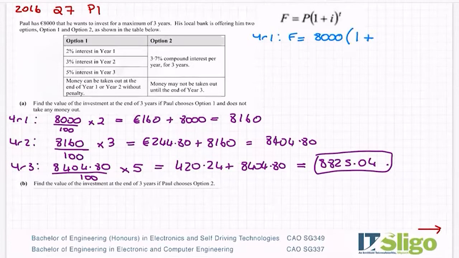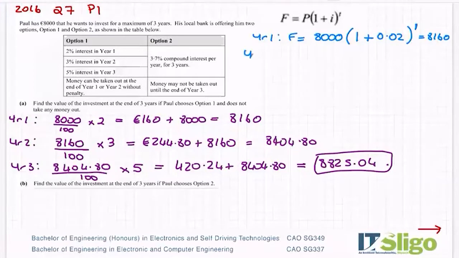Now as a decimal, you divide that 2 by 100 and you get 0.02, and it's just for 1 year. Okay, so put that into your calculator. And you'll see you get 8160. Obviously the same amount you got at the end of year 1 this way.